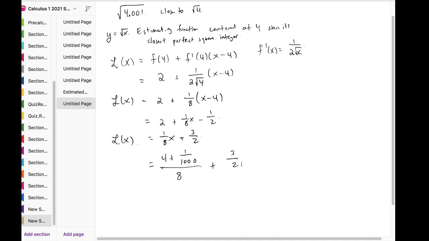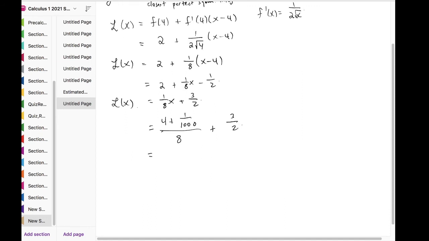So this is 4,000 over 1,000 over 8. So that's 4,000 over 8,000 plus 3/2. That worked out, right? I'm sorry, this is 4,001 over 8,000, right?